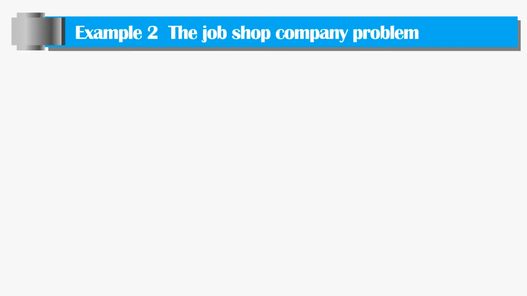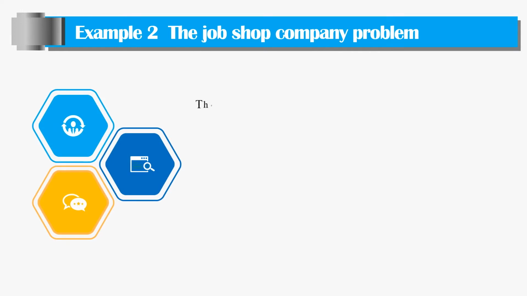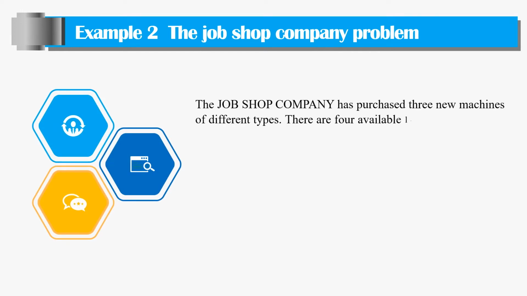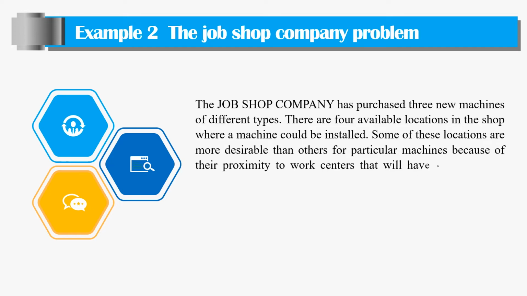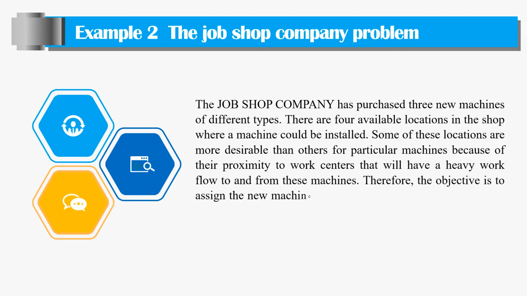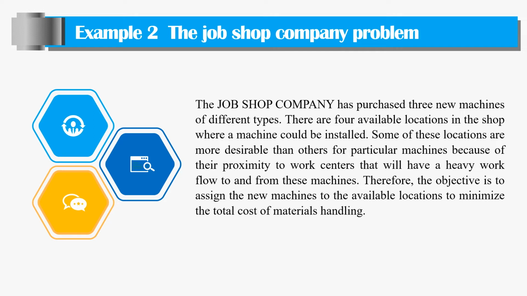The job shop company problem. The job shop company has purchased 3 new machines of different types. There are 4 available locations in the shop where a machine could be installed. Some of these locations are more desirable than others for particular machines because of their proximity to work centers that will have a heavier workflow.